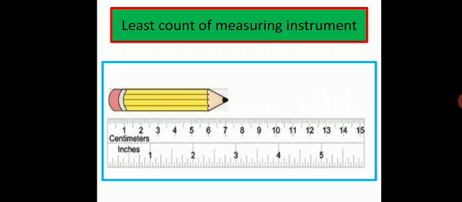Suppose the other end of the pencil exactly falls at 7 centimeter, or after 7 centimeter. Fine. It is placed after 7 centimeter. For this example, after measuring, you can say that the length of the pencil has 7 divisions.